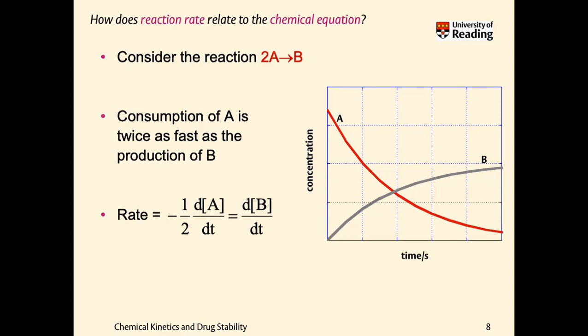So if you're measuring the rate of change of reaction by measuring the rate of change of reactant A, you will need to halve the measured rate to make it equivalent to the rate of formation of B. How do we write that mathematically? Well, we write it as rate equals minus a half d[A]/dt, which will equal plus d[B]/dt. So this allows us to equate the rate of formation of the product to the rate of consumption of the reactant.